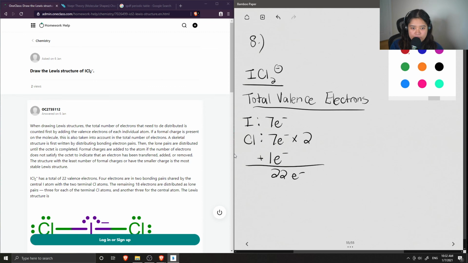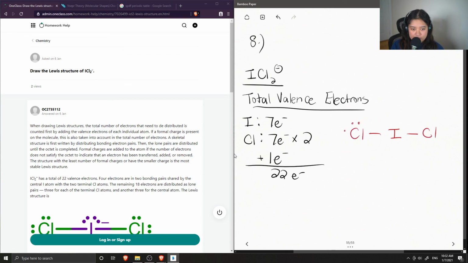So if I draw iodine as my central atom, I can draw both of my chlorines on either side. And then I'll draw all of the lone pairs on the chlorines. So if I count out how many I've drawn so far, each bond contains 2 electrons. I've only written down 16.